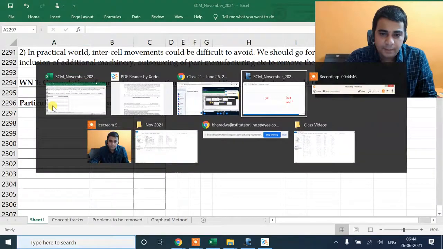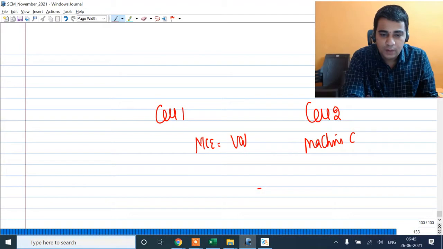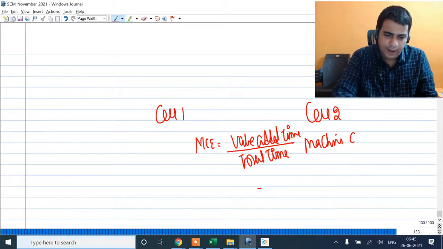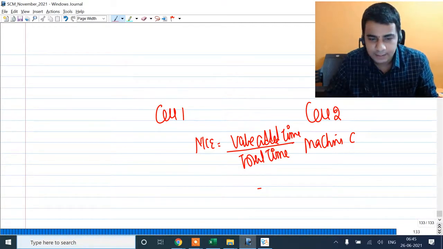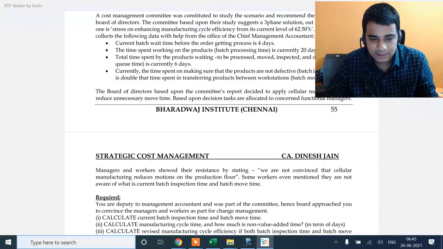Now the formula for manufacturing cycle efficiency is value added time by total time.